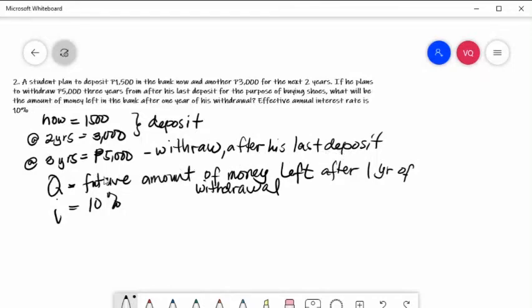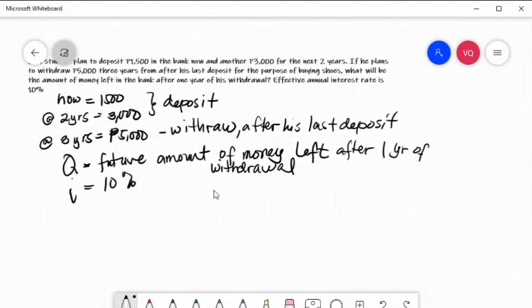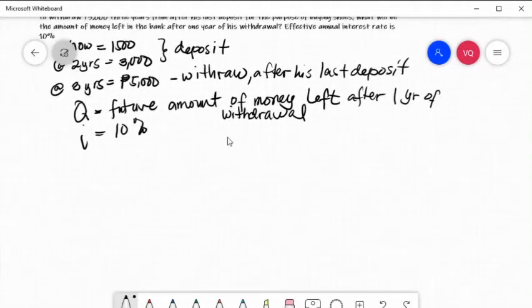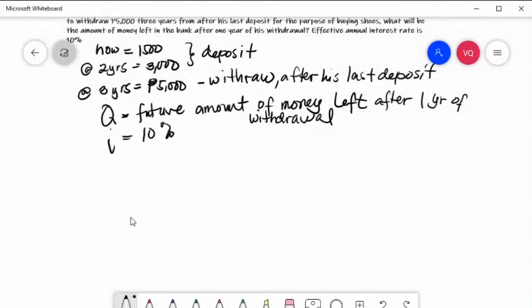So what will be the amount of money left after 1 year of his withdrawal? So consider I to be 10%. We will draw first the cash flow diagram. So how many period does the student have? So what will be its number of period for this problem?